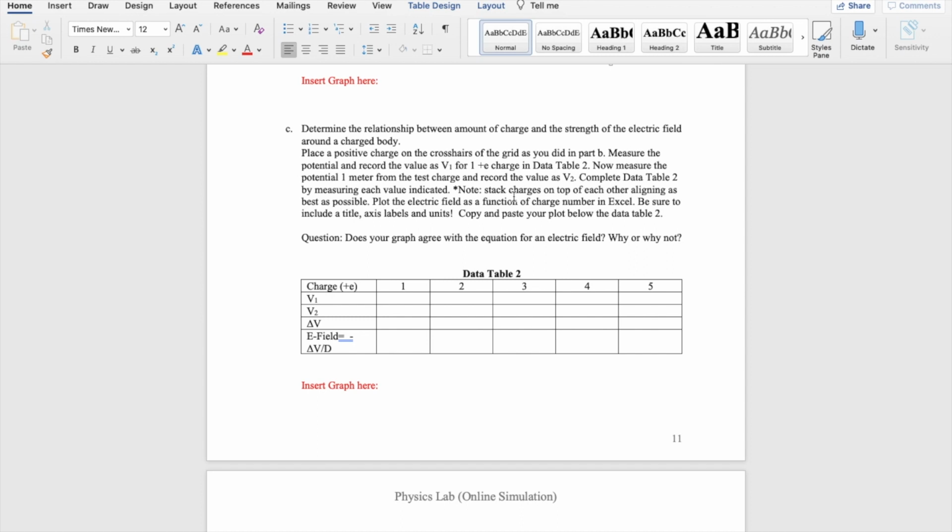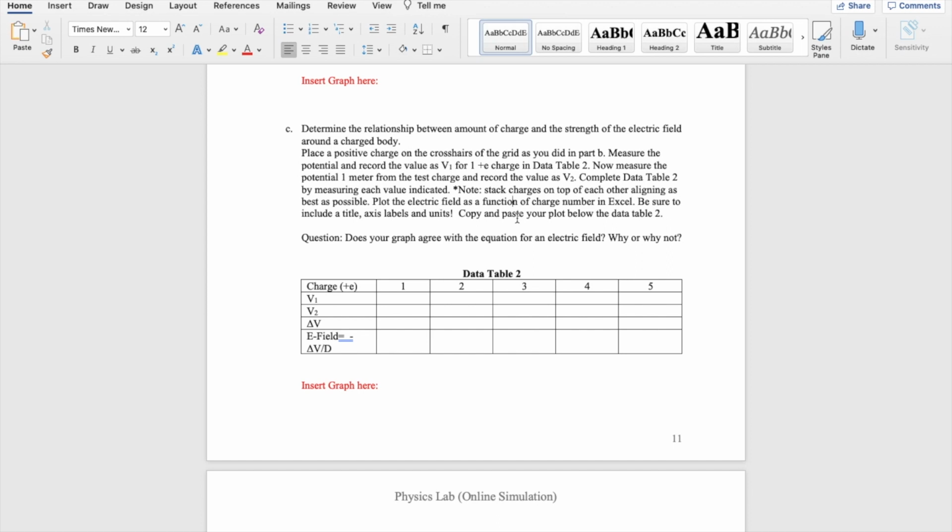You get more accurate data if you stack one charge on top of another. If you place one charge a little to the left or to the right, remember it's a vectorial sum, so the magnitude of the total can be slightly different if they are slightly off in the placement.